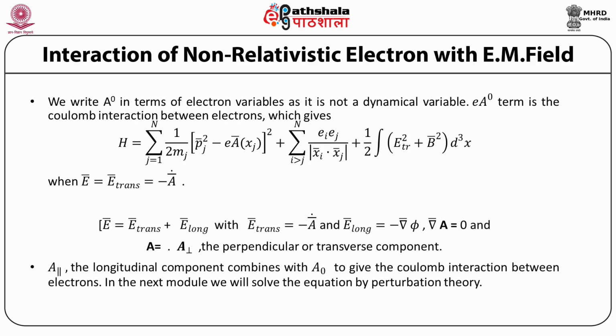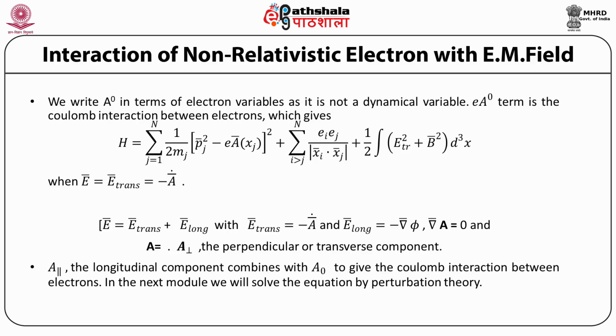So we can write E vector as E transverse vector plus E longitudinal vector, with E transverse vector equal to minus A dot vector, and E longitudinal vector equal to minus ∇φ, and divergence of A is equal to 0.